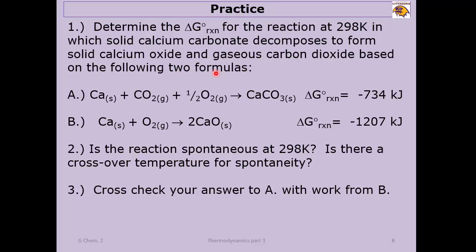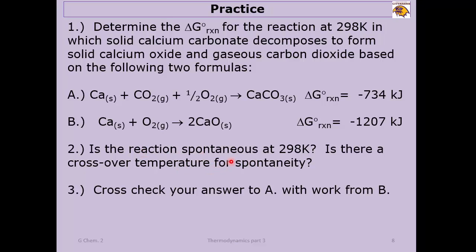From that overall equation, you should be able to stack these two equations in such a way that they'll cancel and give you the overall equation, and then you'll know what to do with the thermodynamic parameters. Then the next question is, is the reaction spontaneous? Is there a crossover temperature for spontaneity? And cross-check your answer to A with work from B.